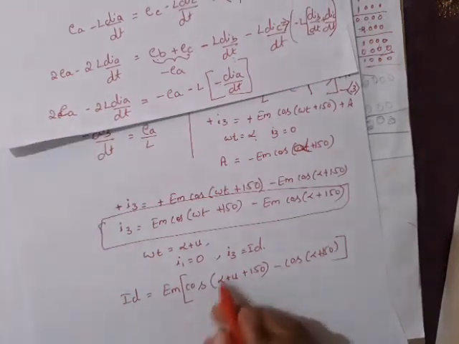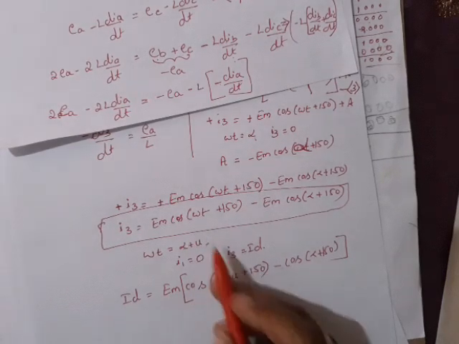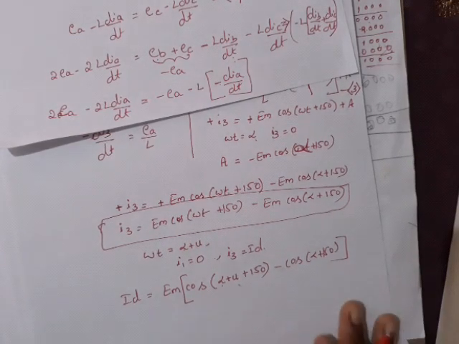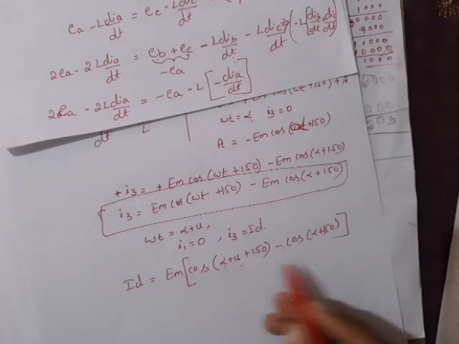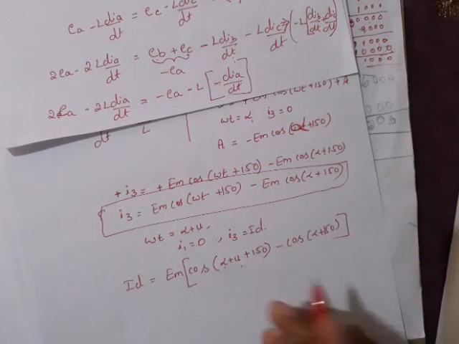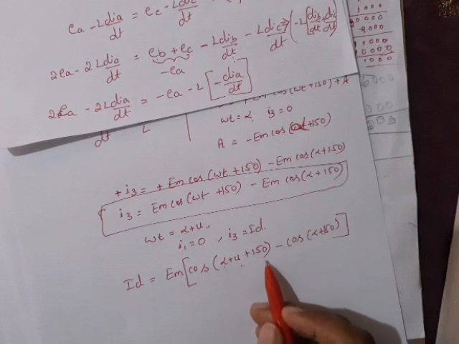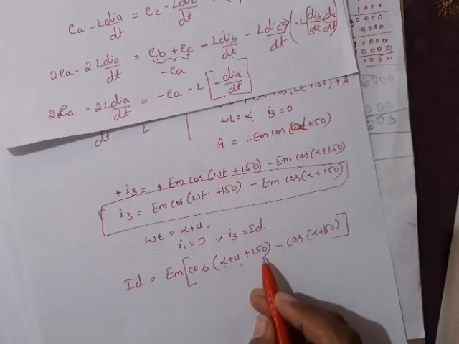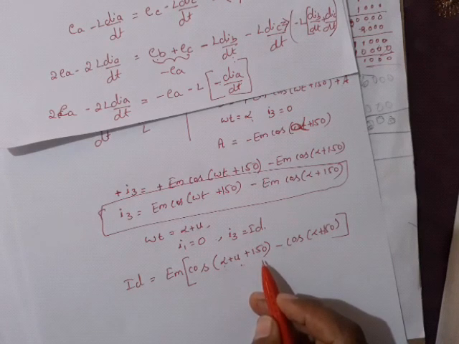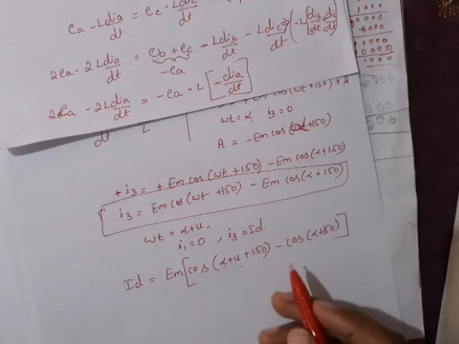Now I have replaced omega t with alpha plus u. This is your ID current. 150 is greater than 90, right? For rectifier operation, we cannot exceed 90 degrees, so I need to convert it to an angle less than 90 degrees. What I can do is subtract 180 degrees.